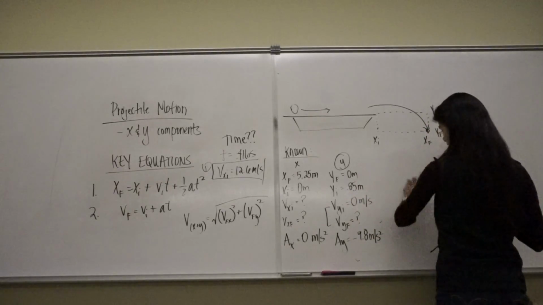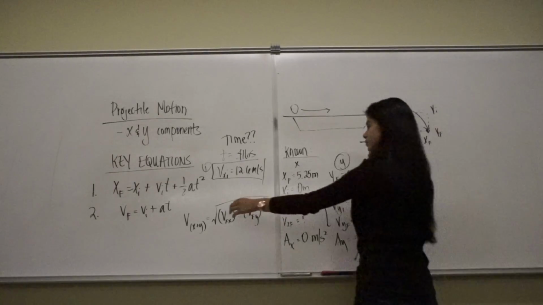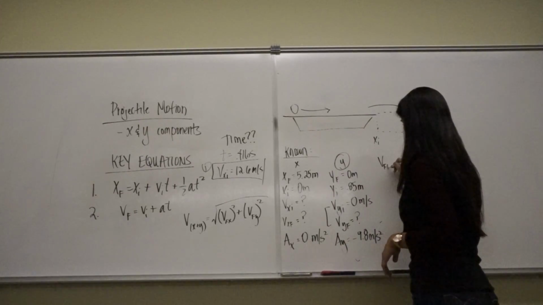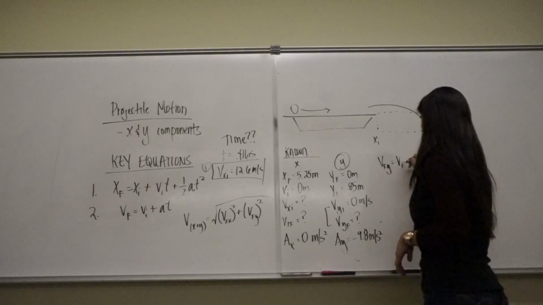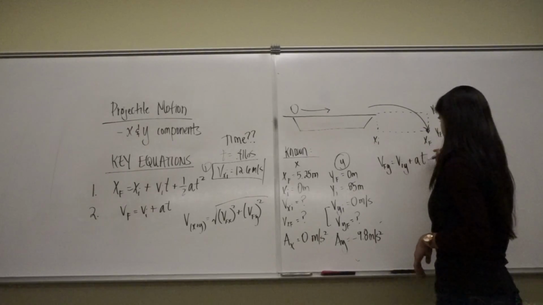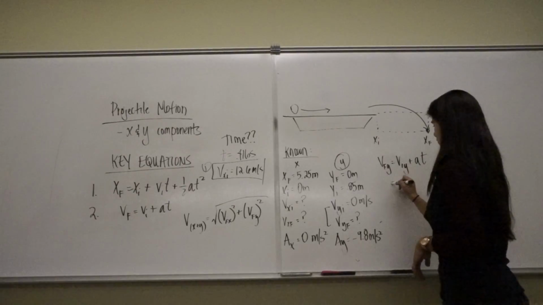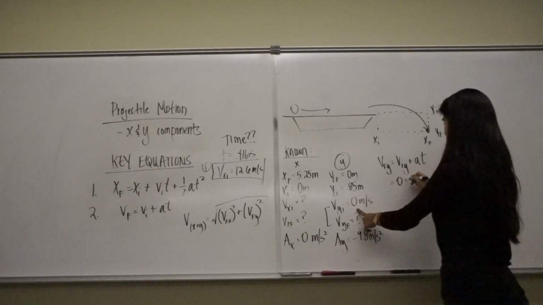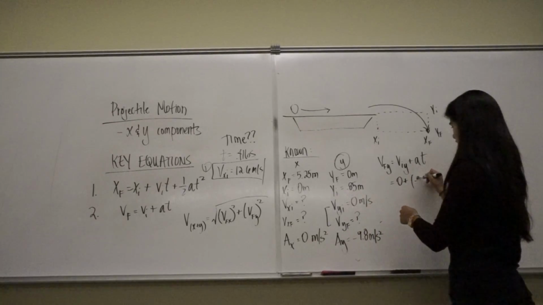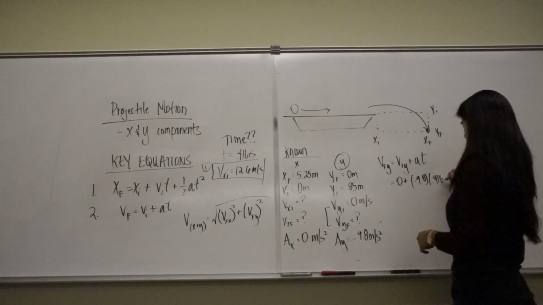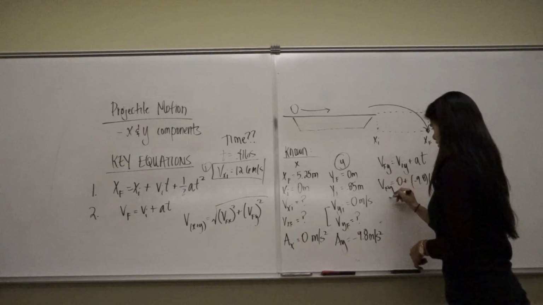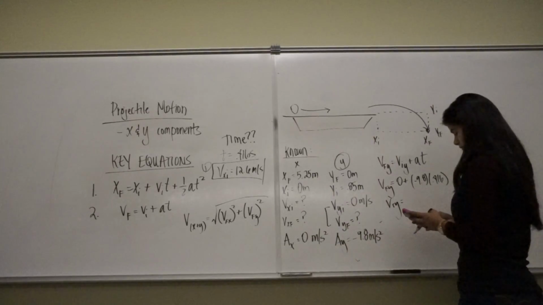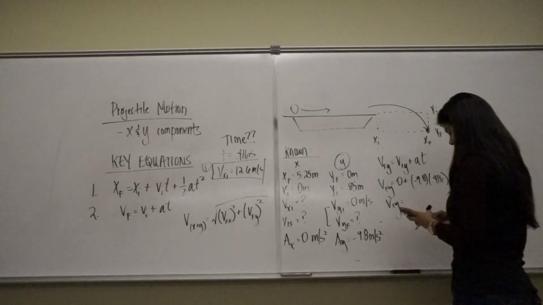So I'm going to use equation number 2 now. Vf in the y direction equals vi in the y direction plus at. So my v final in the y direction is going to equal my initial velocity in the y direction, which was 0, plus my acceleration, which was negative 9.8, times my time, 0.416.